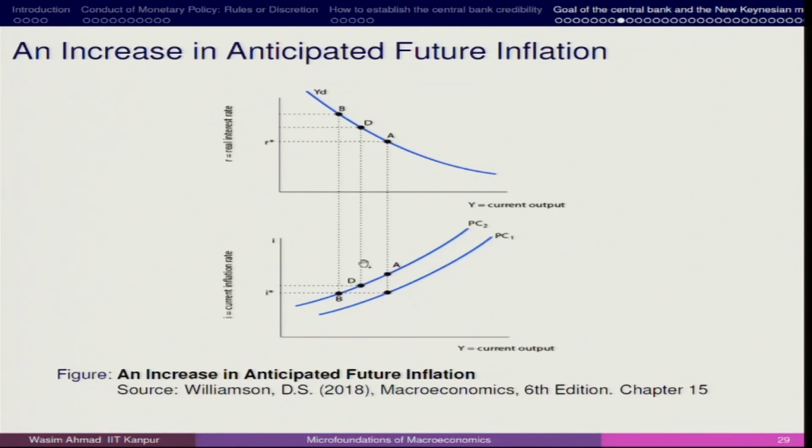What is the situation here? If the curve is moving up, then from A we move here, which also shows higher inflation, but at point A, this is the real interest rate at which we do not have any output gap. At point B, because of the higher inflation scenario, we are meeting the inflation target, which is because the real rate of interest has gone up.